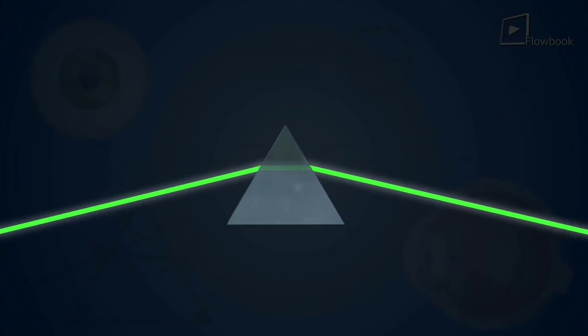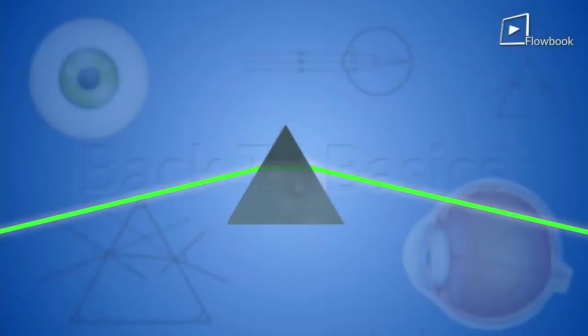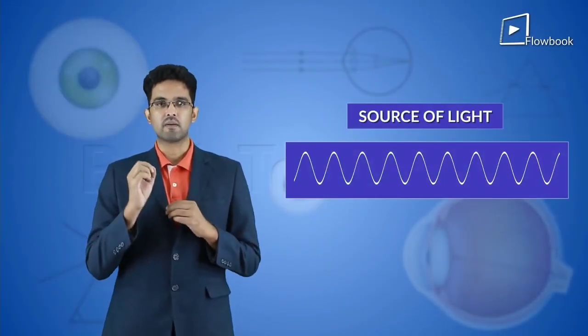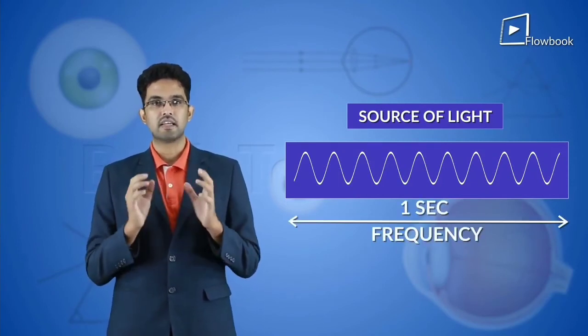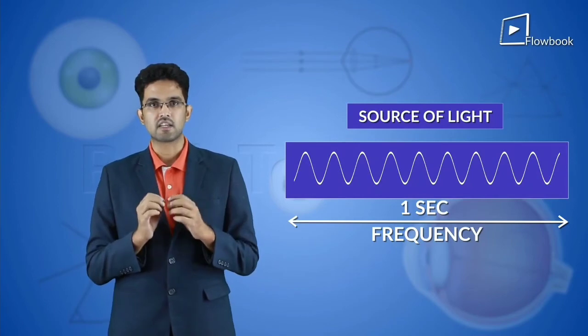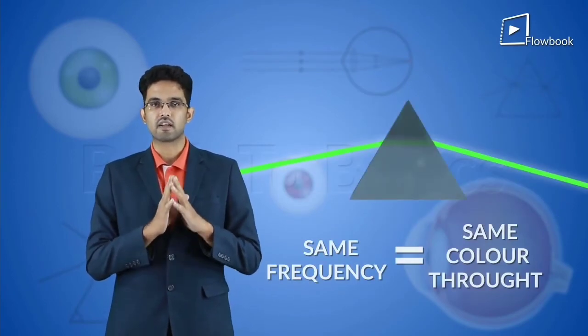Well, no, because any medium can't change the frequency of any wave. Frequency is the number of waves that start from the source of light per second. Since this frequency doesn't change, the color of light remains constant throughout.